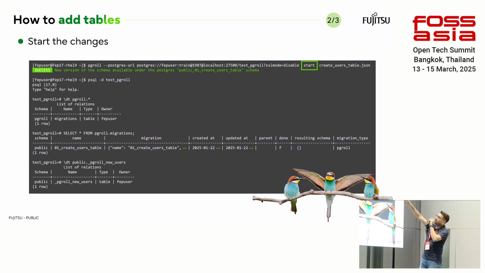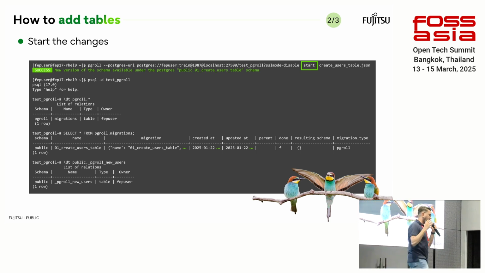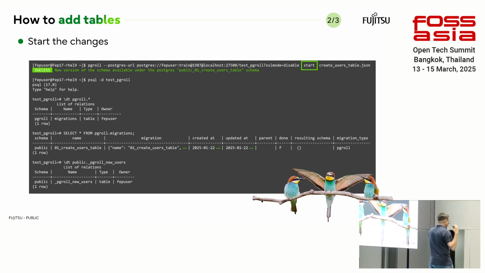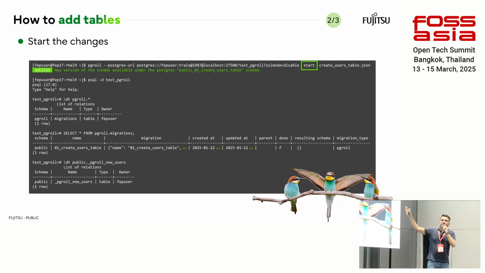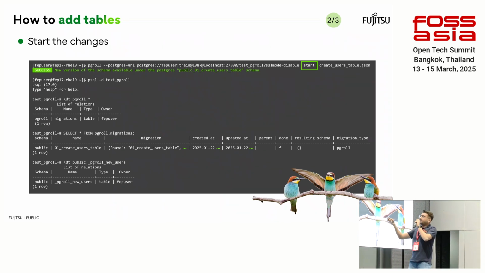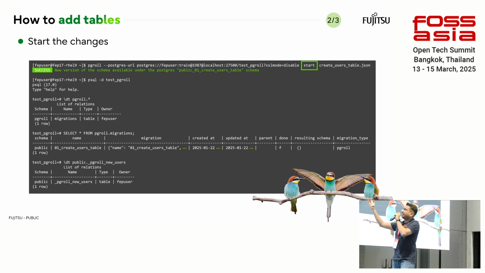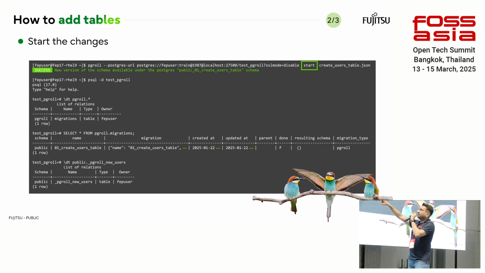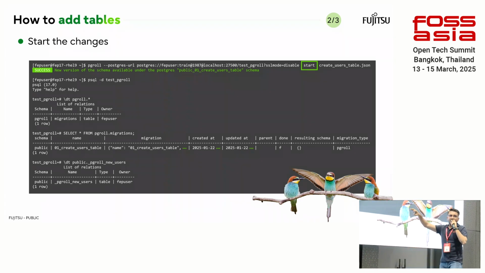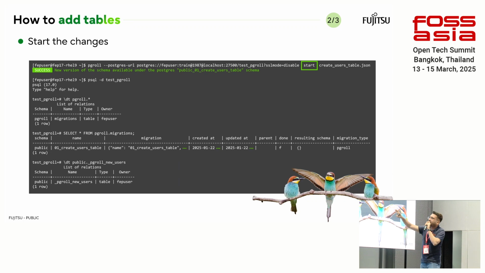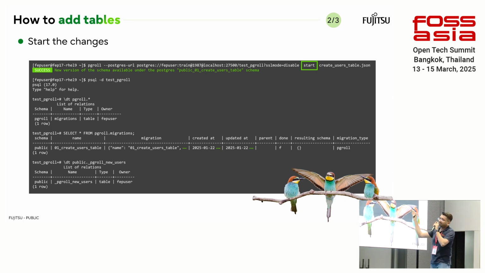You can see on the screen that I also gave the virtual schema name, public 01 create user table. This is the virtual schema created by pgroll, and all the modifications, or I would say the changes, are going to be created inside that virtual schema. Simultaneously, when we query the migration table, we can see the record for our first table-adding migration activity, or I would say schema change activity.